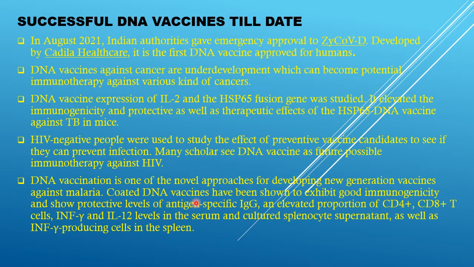Coated DNA vaccines have been shown to exhibit good immunogenicity and show protective levels of antigen-specific immunoglobulin G and elevated proportions of CD4, CD8 T cells, interferon gamma and interleukin 12 levels in the serum and cultured splenocyte supernatant, as well as interferon gamma producing cells in the spleen.